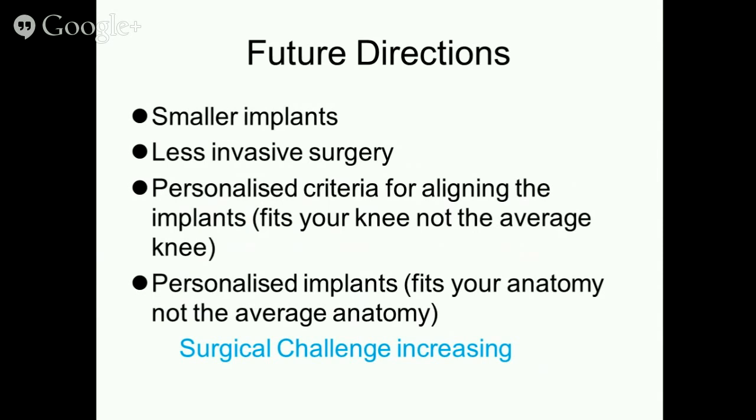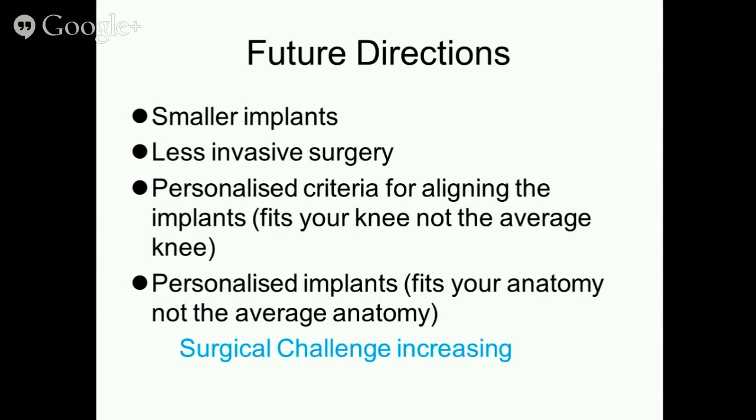So the future in orthopedics is smaller implants that do less disruption to the mechanical structures of the knee. Surgery, so removing less bone, hopefully, and doing less damage to the ligaments. We also, at the moment, fit the alignment of the device to what is the average knee, and yet everybody's knee is variable.